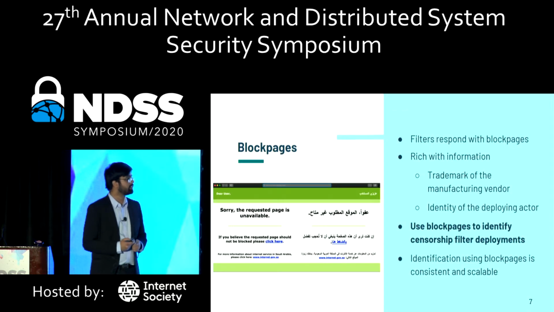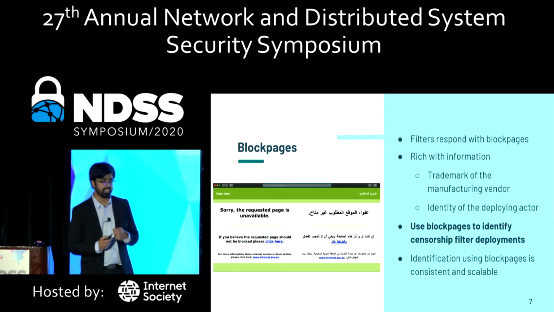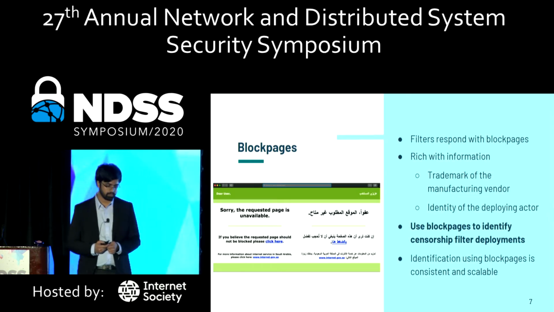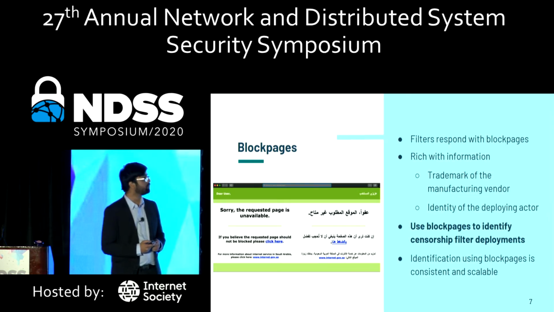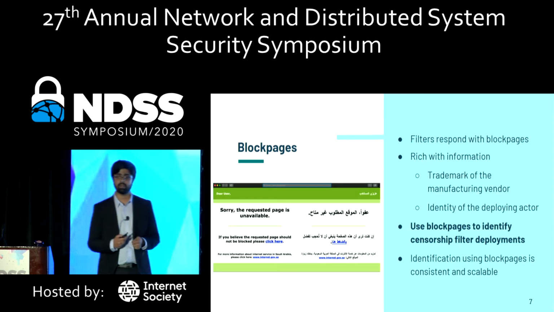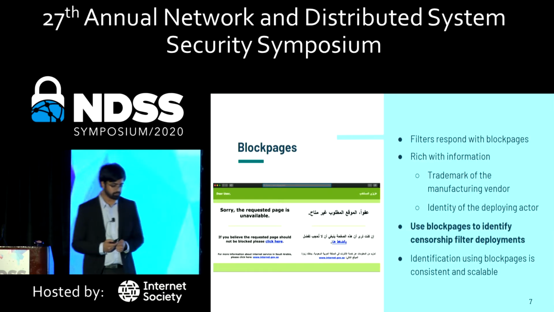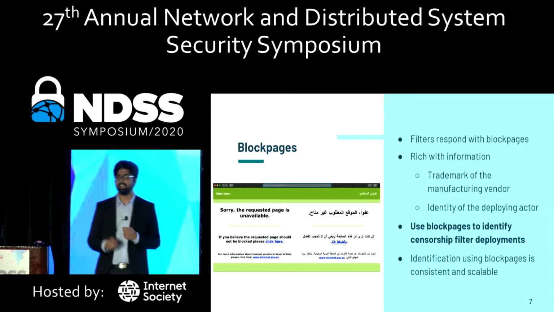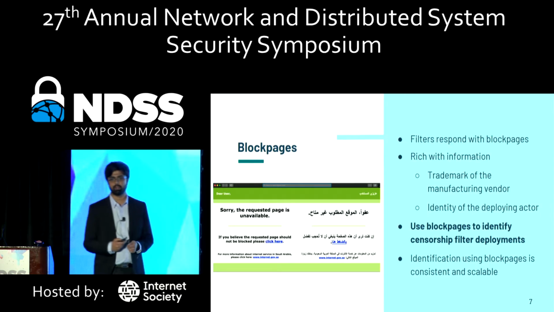When we were thinking about this problem, we observed that many censorship deployments responded to blocked content with block pages. Now, these block pages aim to inform users that they're trying to access forbidden content. They are also rich with information, like the trademark of the vendor that has manufactured the product or the identity of the actor that has deployed the product.